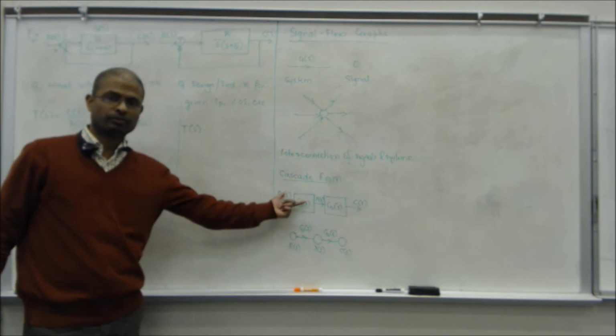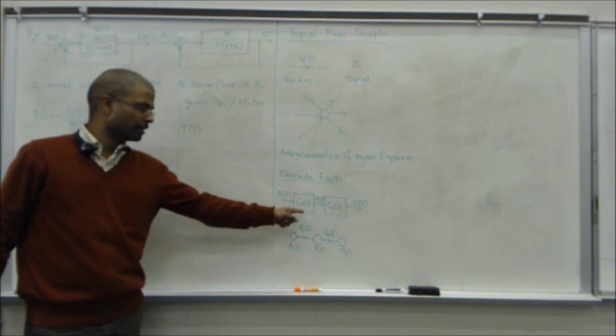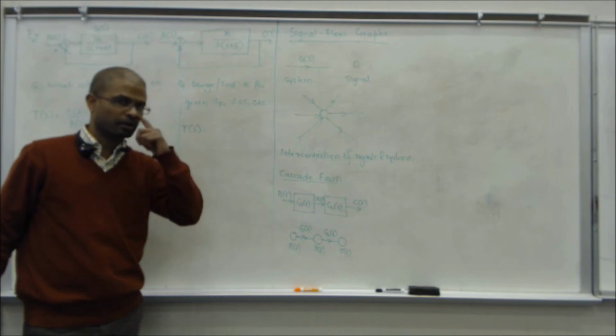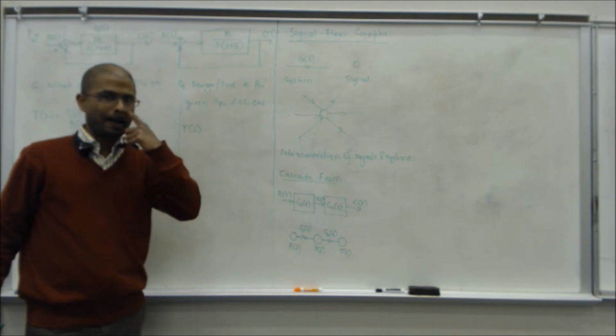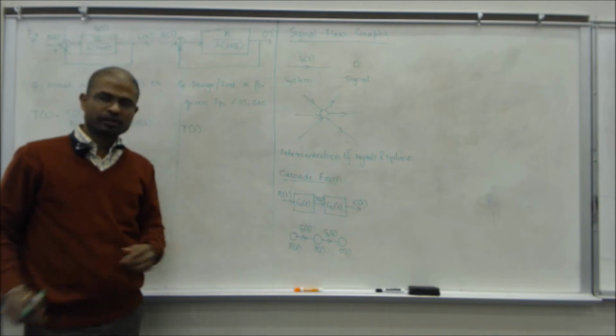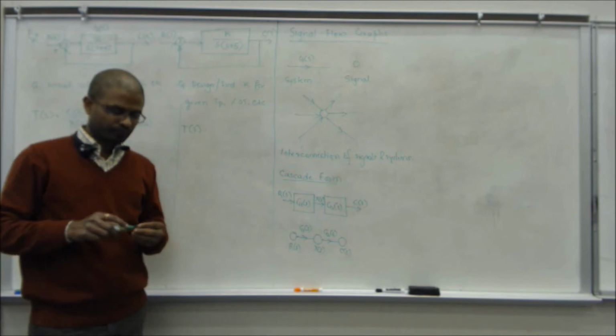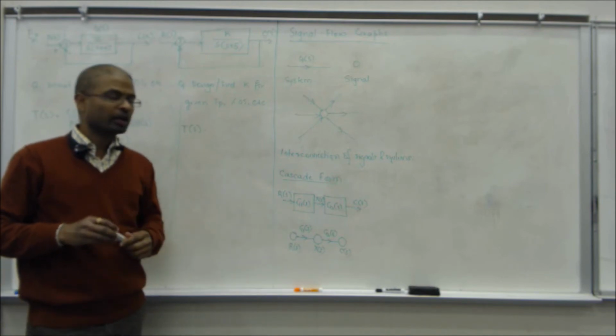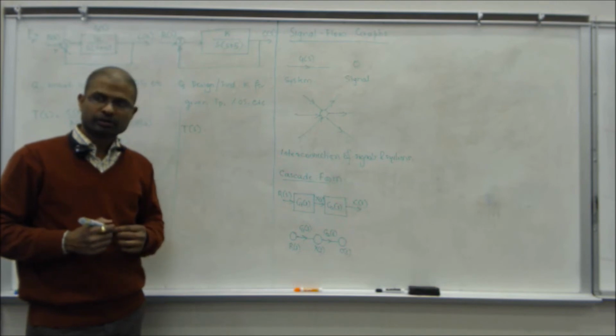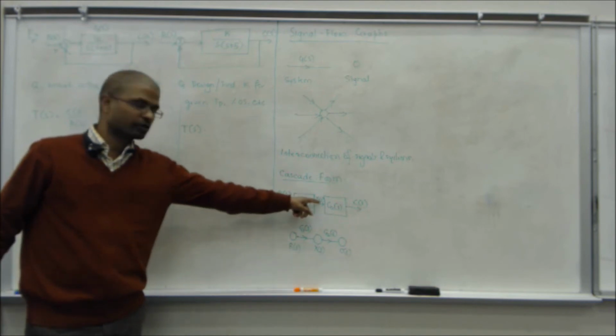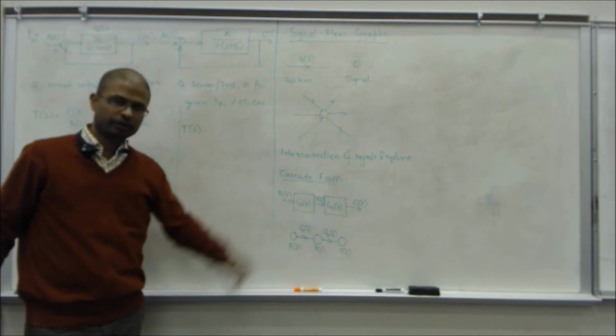If you look at the block diagram, this was a cascade block, right? You see this as a cascade block? Do you see 3 signals here? Why are there 3 signals? Do you understand why this is X of S or it's different?